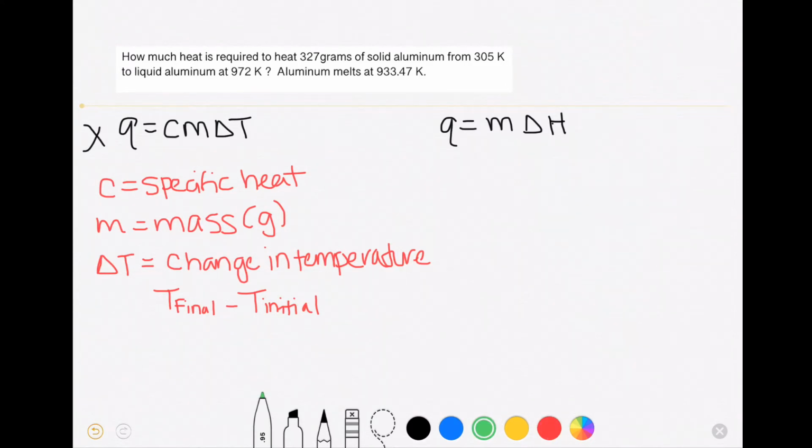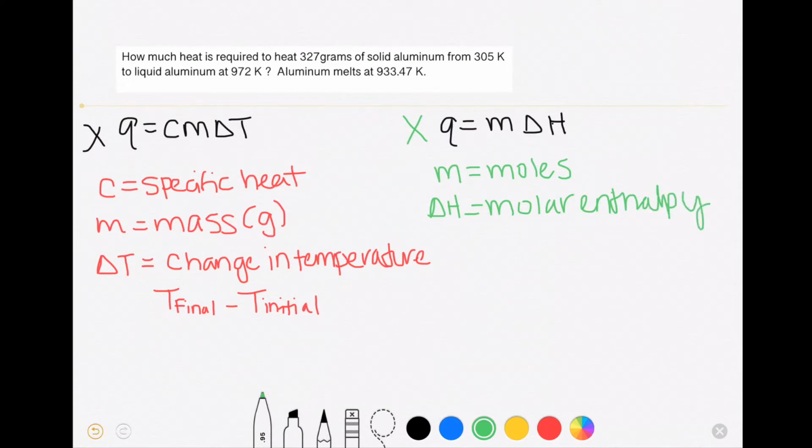Okay, for the other equation, Q equals M times delta H, M in this equation is for moles. So what you're going to do is take the mass that you used for the other equation and convert it to moles using the molar mass of the substance that the problem is referring to. The delta H stands for molar enthalpy, and this would also be found in a chart either in your chemistry textbook or you can Google molar enthalpy charts.